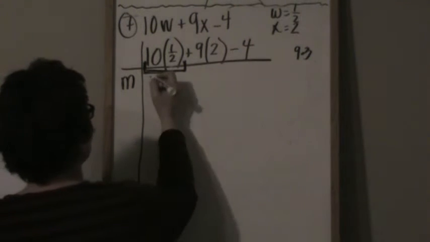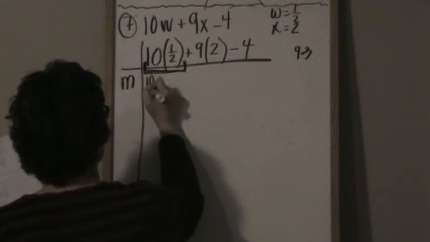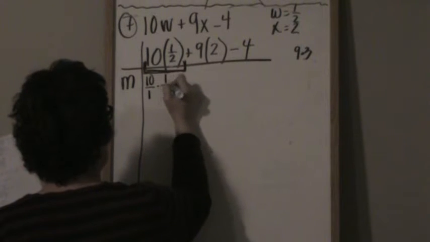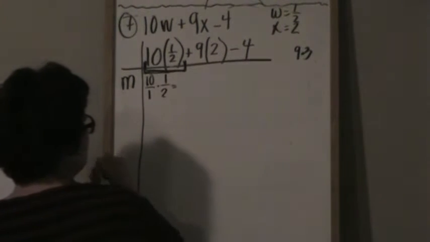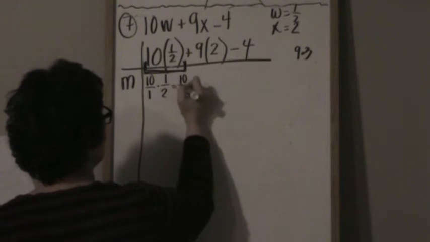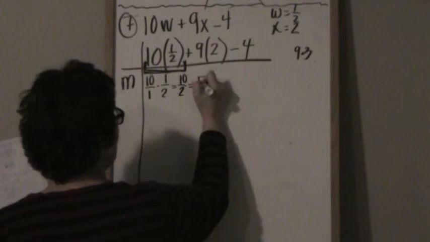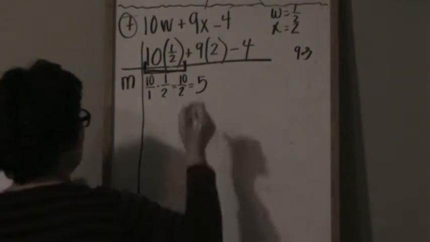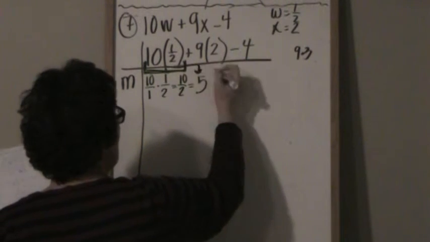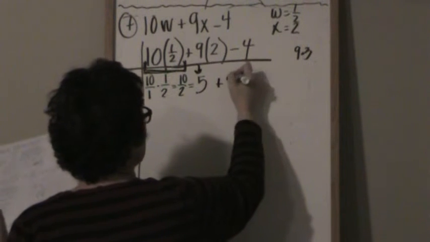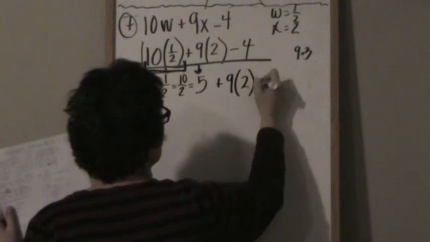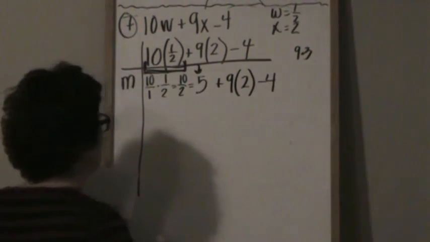Okay, 10 over 1 times 1/2 is equal to 10 over 2, which is 5. Okay, so this becomes 5 plus 9 times 2 minus 4.